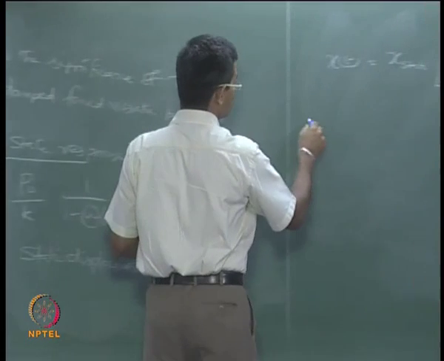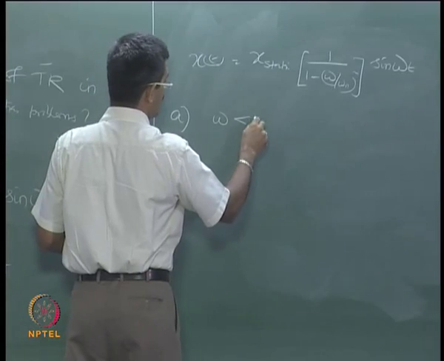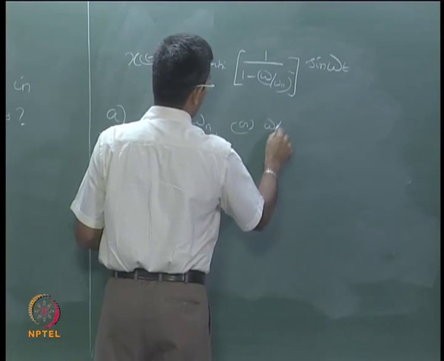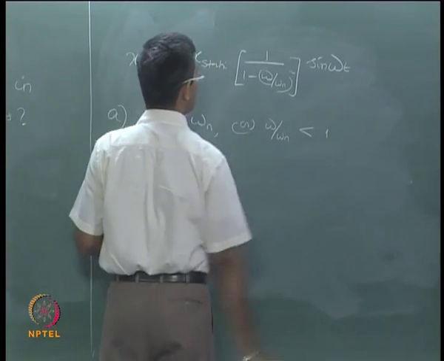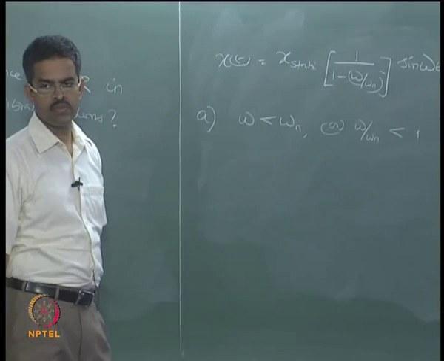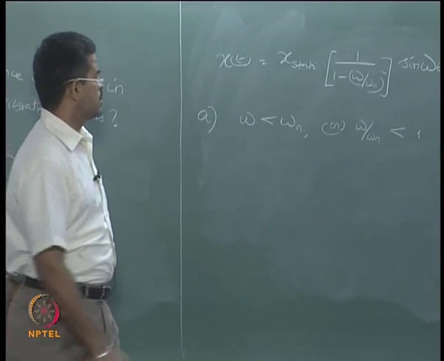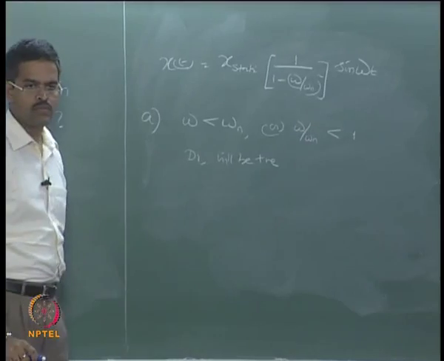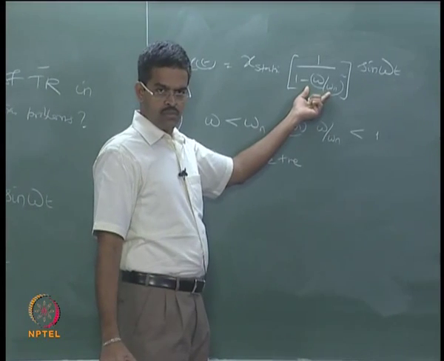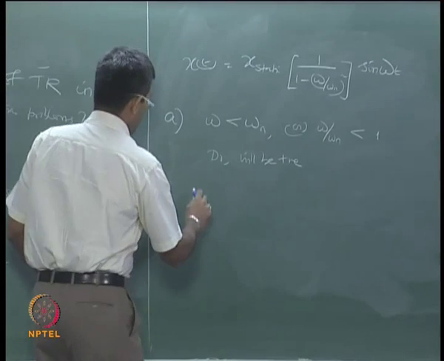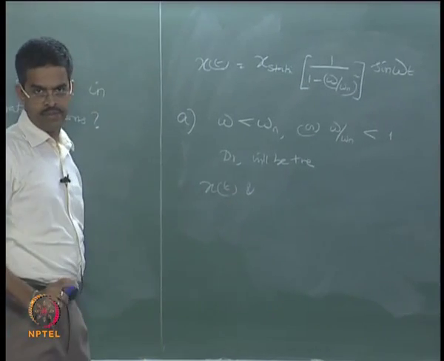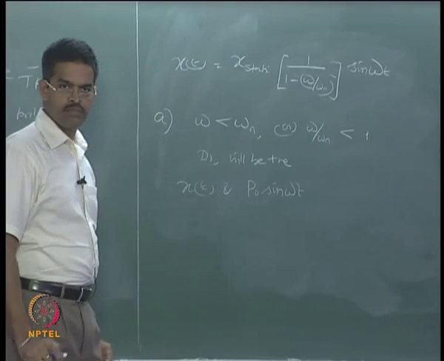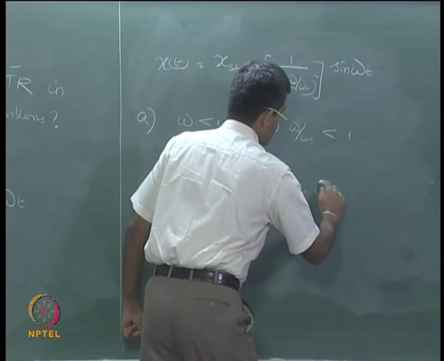Now depending upon omega less than omega n, or omega by omega n is less than 1, the denominator will be positive, okay, is it not? If it is less than 1, the denominator will become positive. It means x of t and p0 sin omega t will be in same phase.